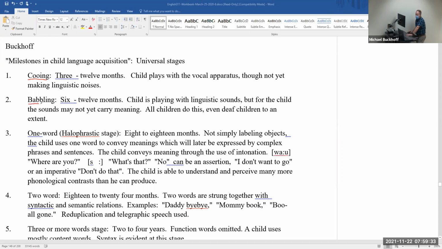Number 2 is babbling. 6 to 12 months would be a range here. The child is playing with linguistic sounds, but for the child, the sounds may not yet carry meaning. All children do this, even deaf children, interesting enough. And that's the key. Why do deaf children babble if they don't hear anything in the environment?